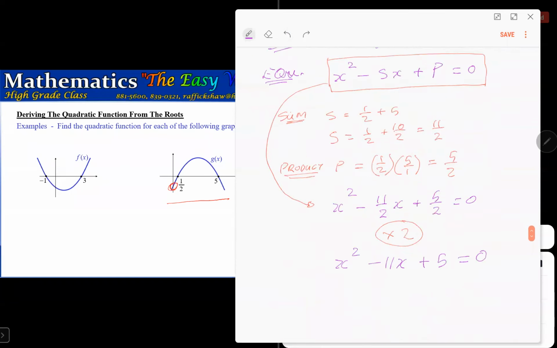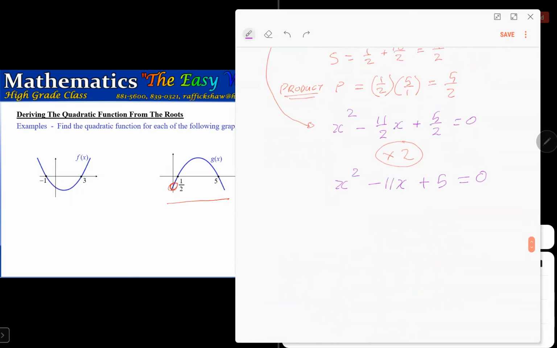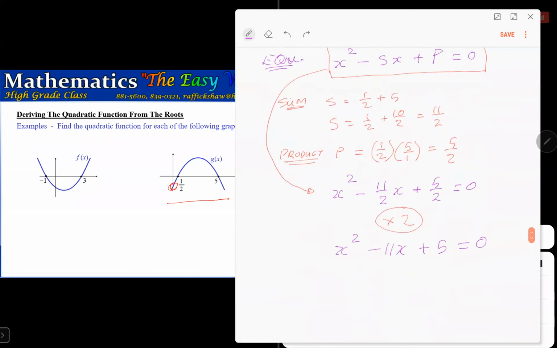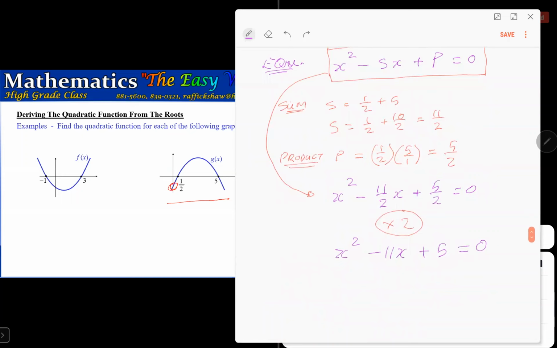All right, and then when we reach the equation now, we have to look to see if the equation matches the graph. Remember, we're doing the g of x graph on the right side here.